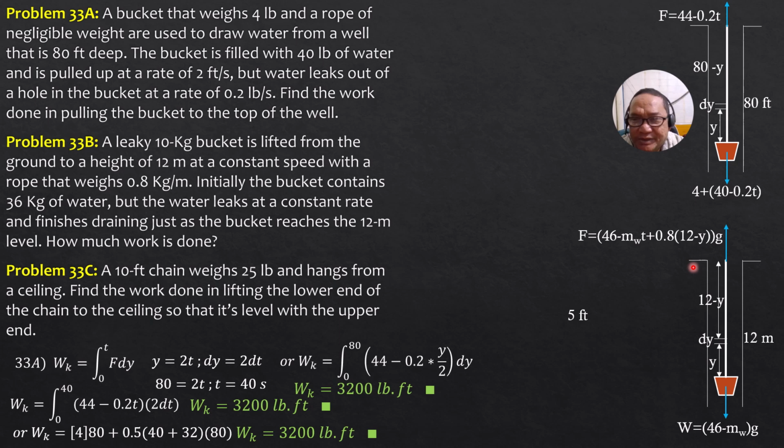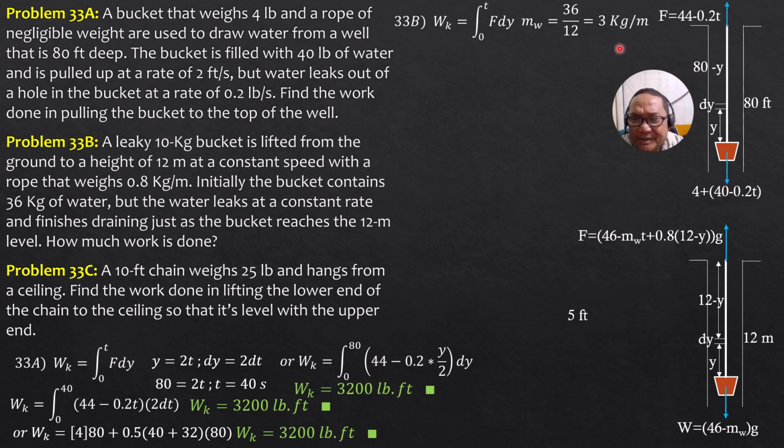So substituting into the formula, work equals integral of constant force dy, from 0 to t, first in terms of time. The mass of water draining out of the bucket per meter is 36 kilograms divided by 12 meters, because as the bucket reaches the top, no more water is inside the bucket.